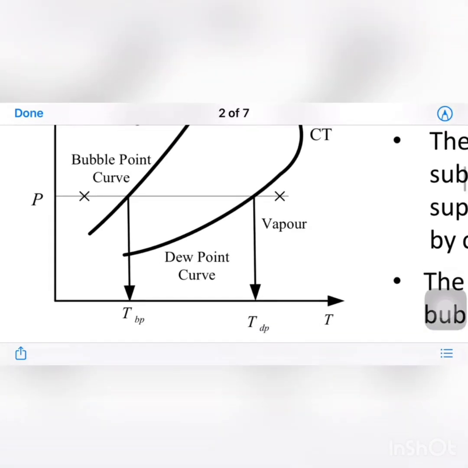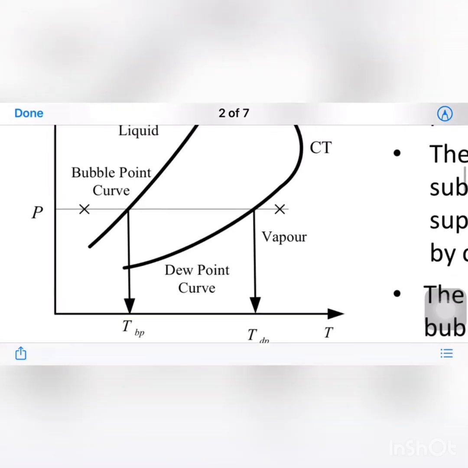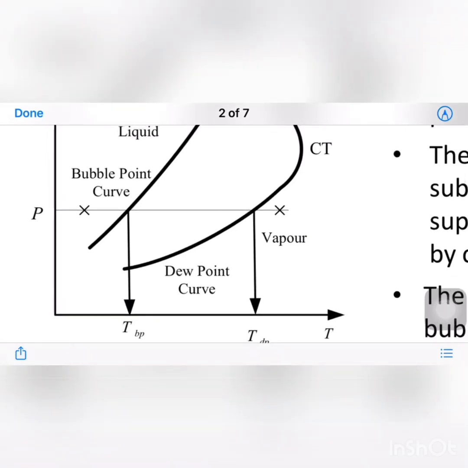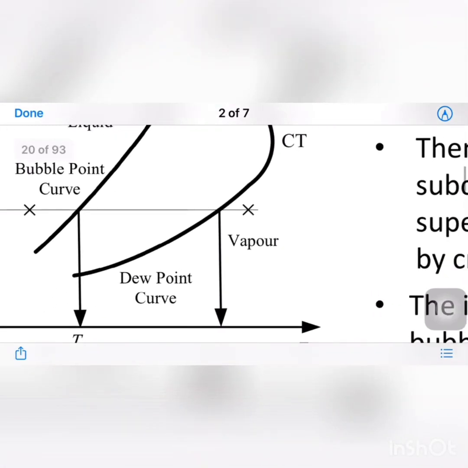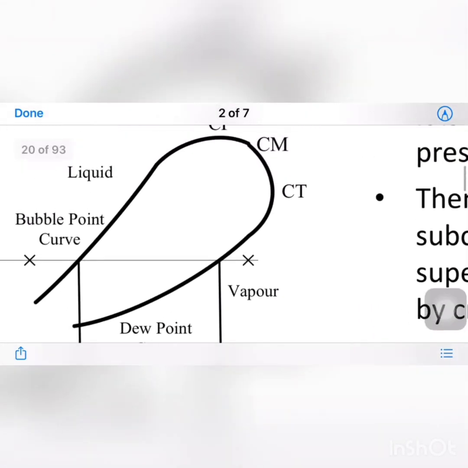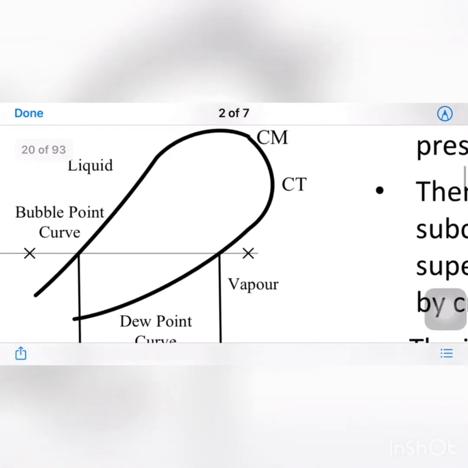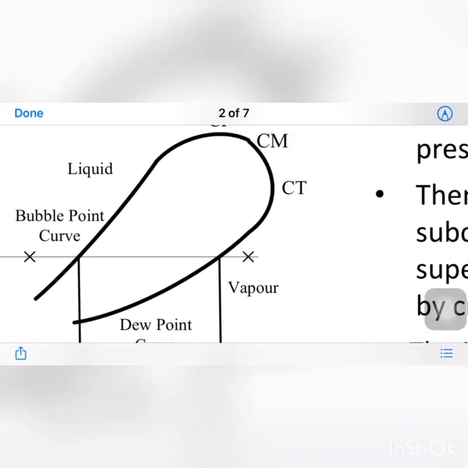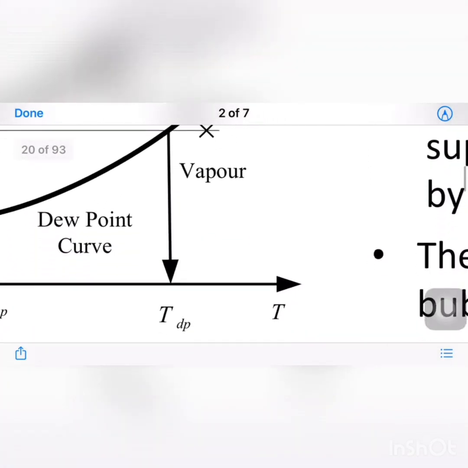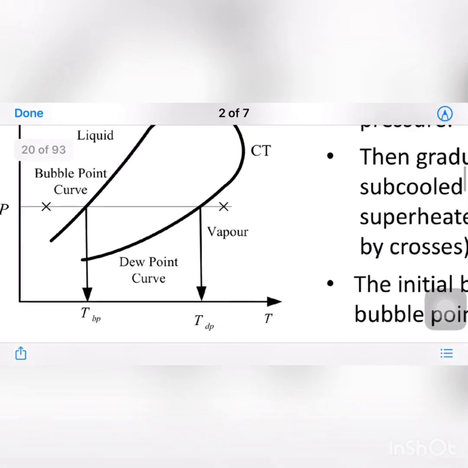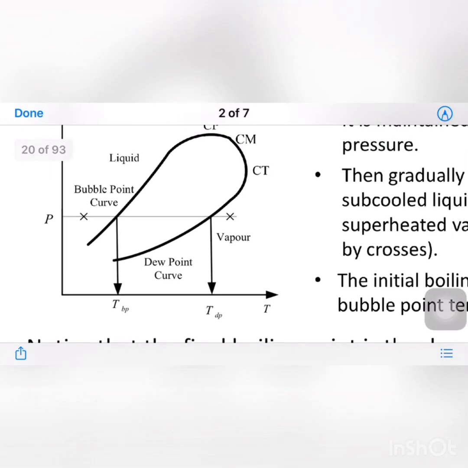We have saturated liquid, and we call it the bubble point temperature of the mixture, and here we have the two-phase region. Increasing temperature causes us to intersect the dew point line, which we call the dew point temperature, and after this point we have vapor.